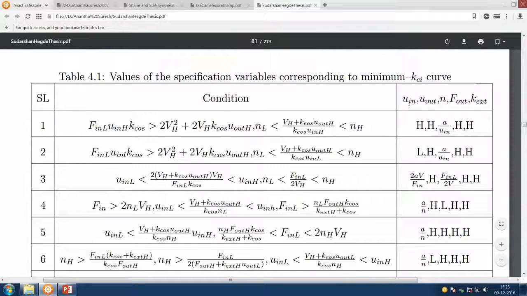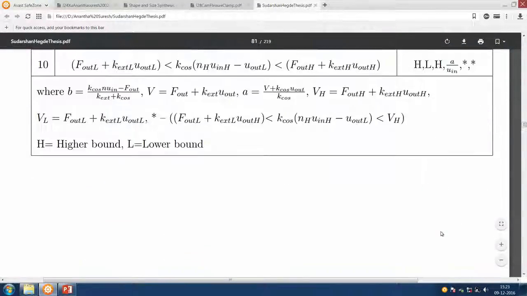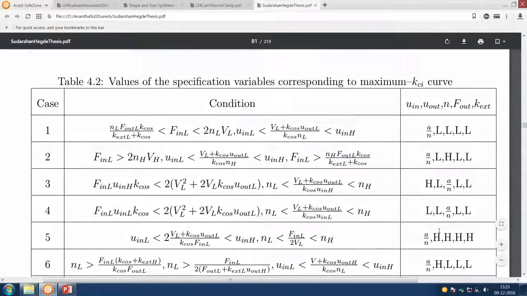Sometimes you go to, this is U in, U out, N, F out and K external. In this case, whether they will be at a high, somewhere intermediate, or sometimes low and so forth, you check these conditions, they are all analytically obtained, you can get these various values and generate the boundary of the curve.